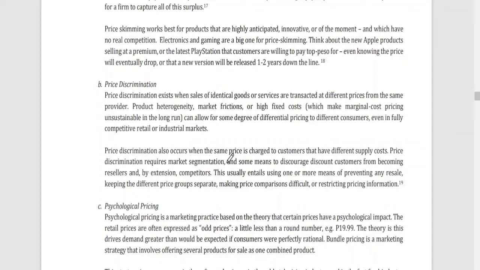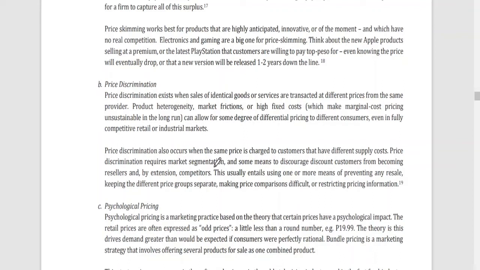Price discrimination also occurs when the same price is charged to customers that have different supply costs. Price discrimination requires market segmentation, which is the dividing your broad consumer market into subgroups based on some type of shared characteristics.